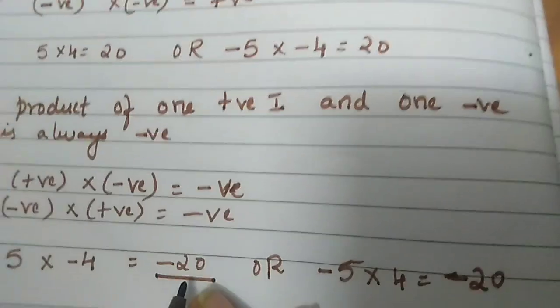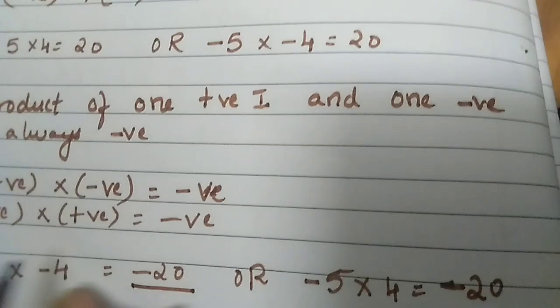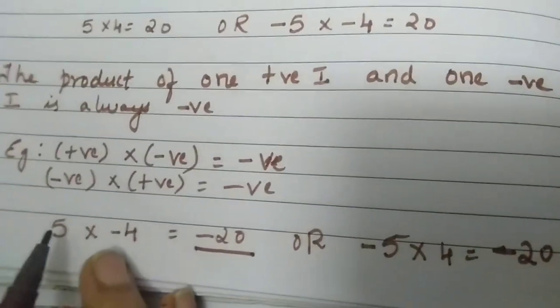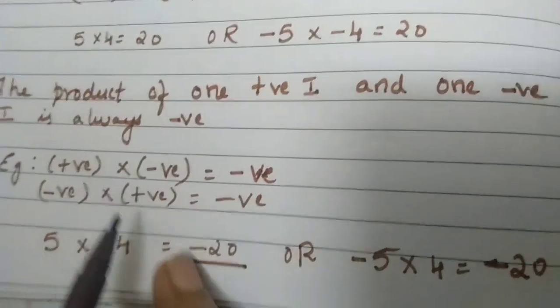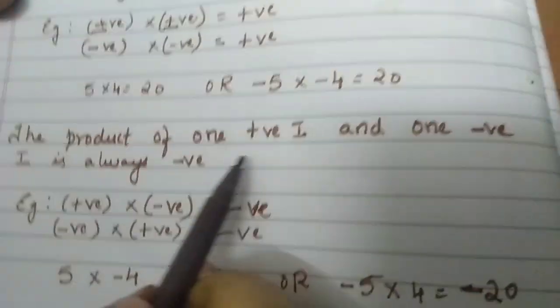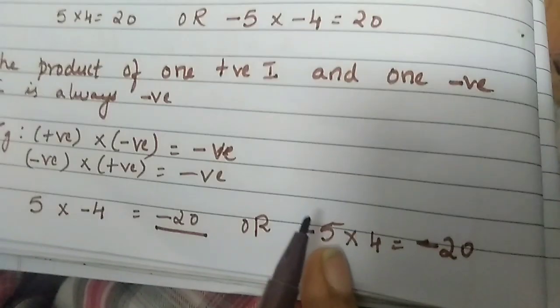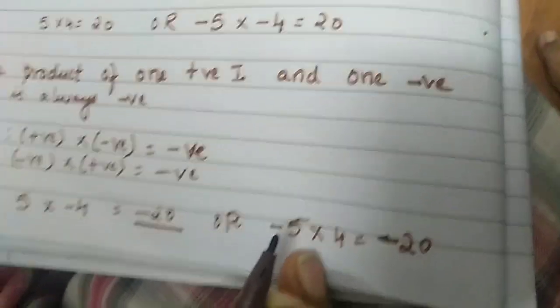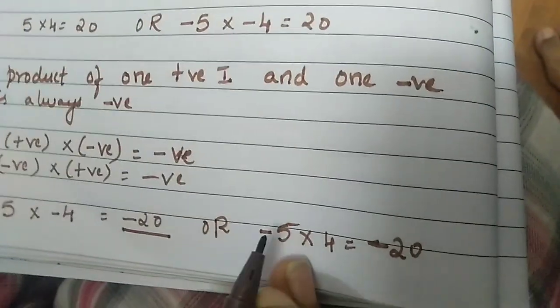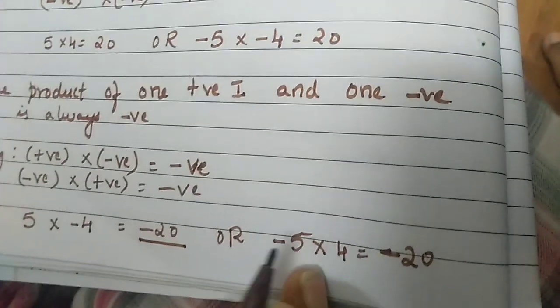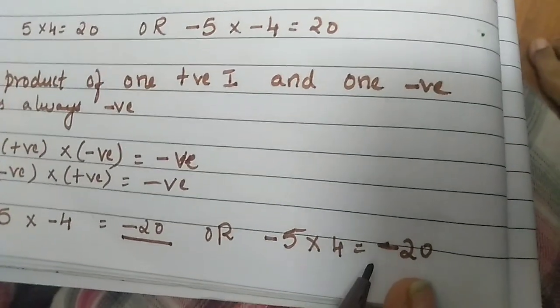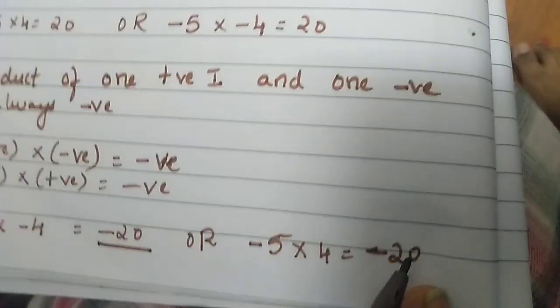So the integer here becomes a negative integer, because the signs here are, one is a positive sign, the other one is a negative sign. So either positive or negative gives you negative, or a negative or a positive gives you negative. Similarly, if I take minus 5 and plus 4, if I multiply these both, I still get minus into plus equals minus. 5 fours are 20.